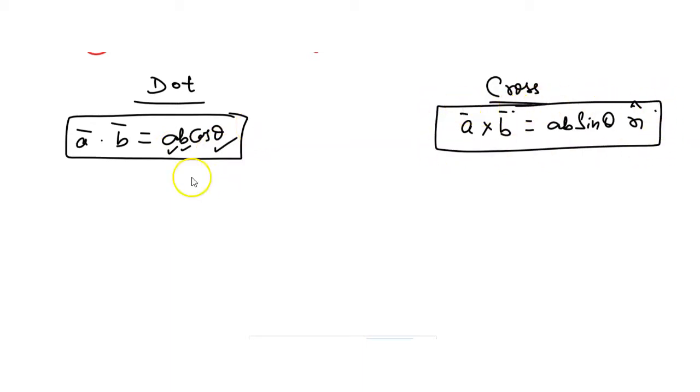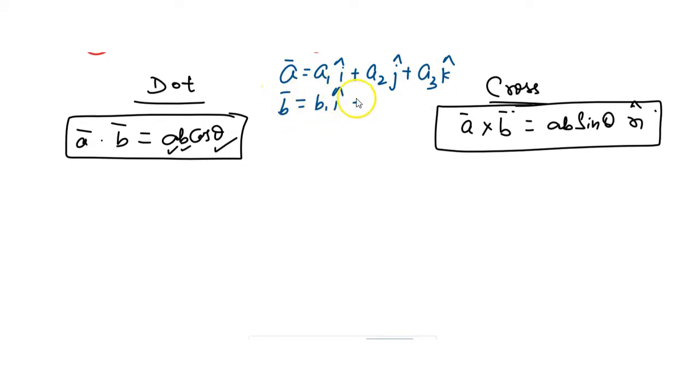But if the two vectors themselves are given, let us suppose we have a vector a as a1 i cap plus a2 j cap plus a3 k cap, and another vector b as b1 i cap plus b2 j cap plus b3 k cap.